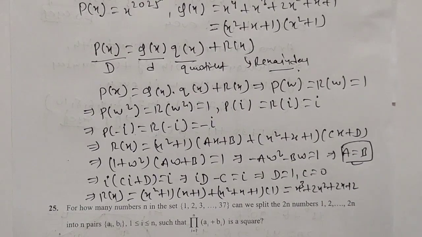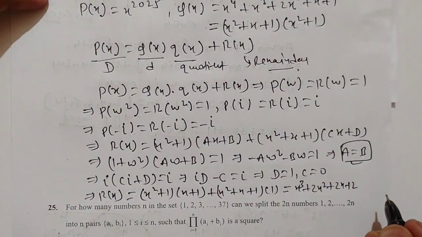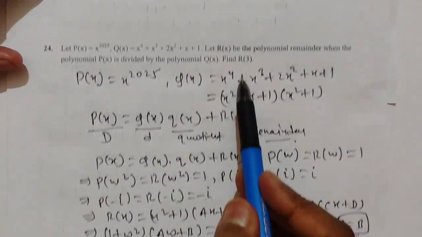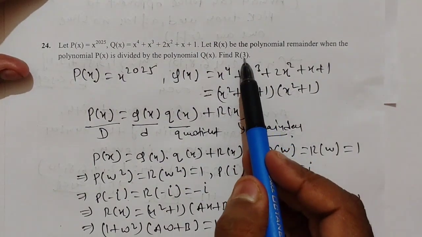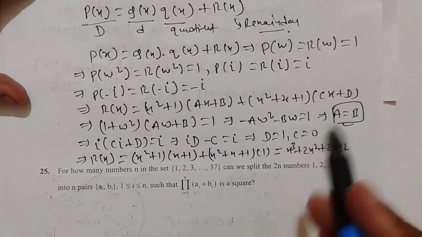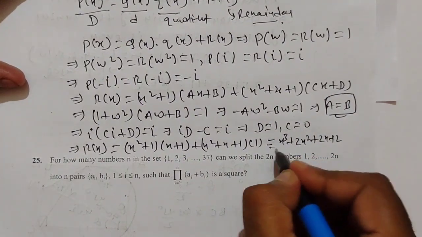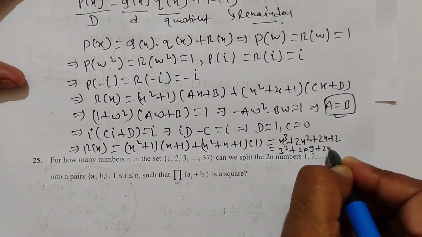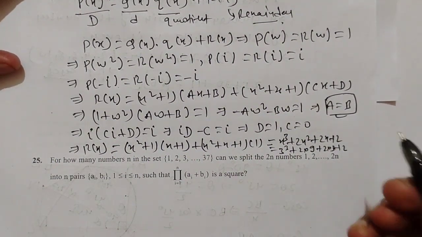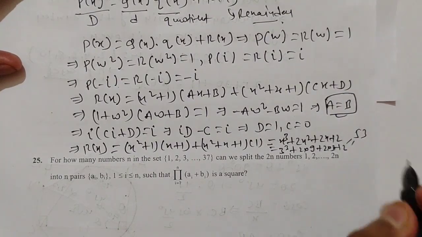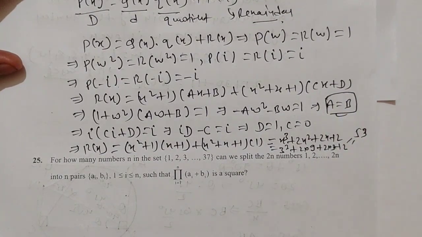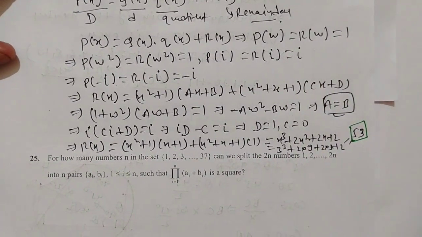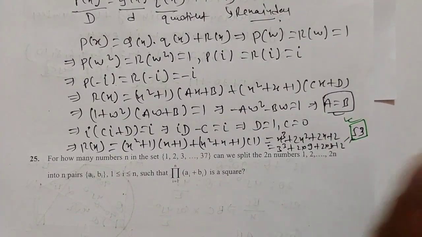And now if we put the value of x = 3, because we have to find R of 3, we get 3³ plus 2 into 3² (9) plus 2 into 3 plus 2, and this is equal to 53. So we have the value of R of 3 is equal to 53.